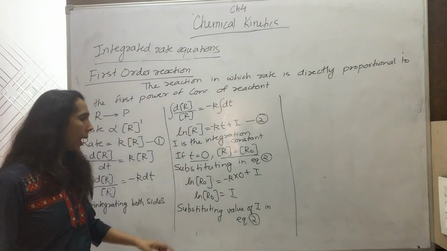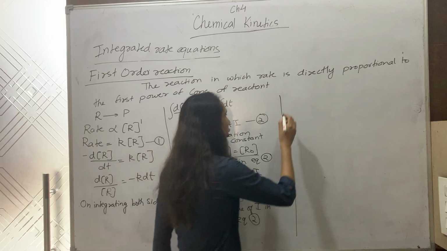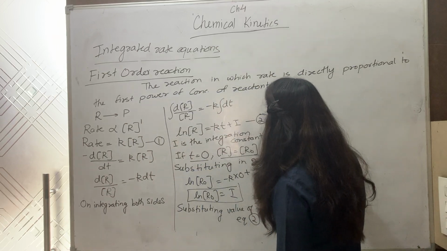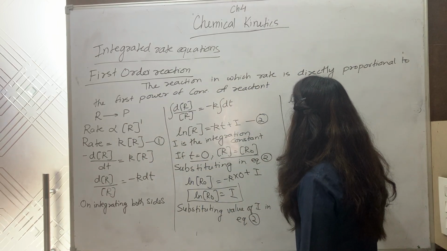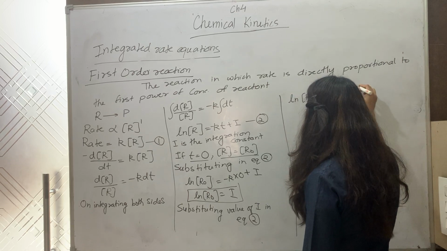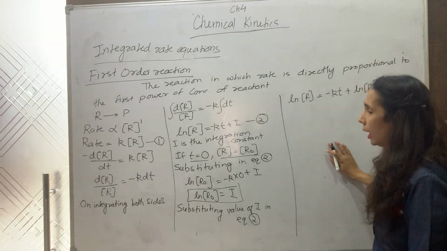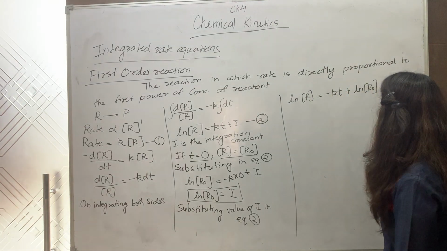So my equation becomes ln [R] is equal to minus kt plus ln [R]0. This is your equation 3.